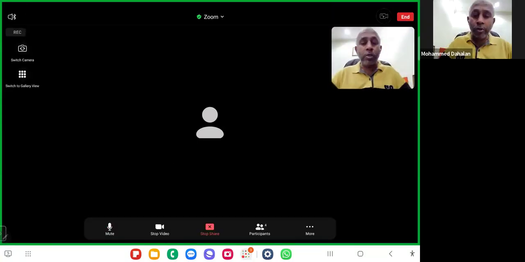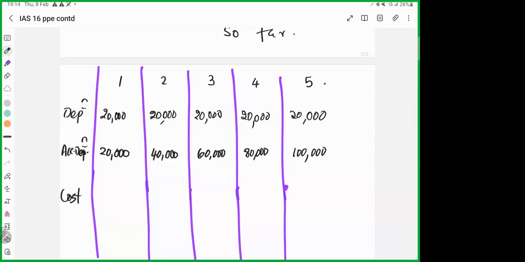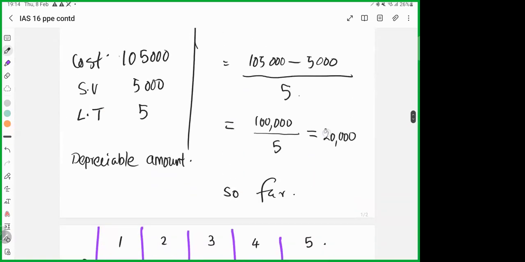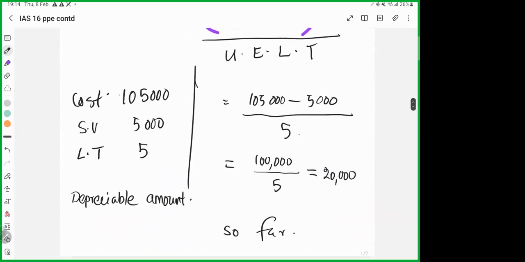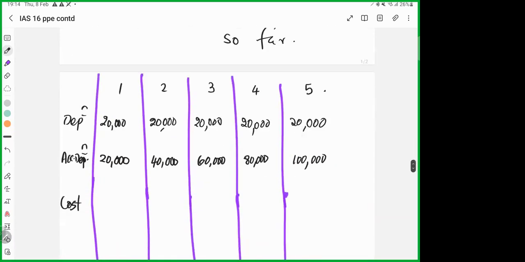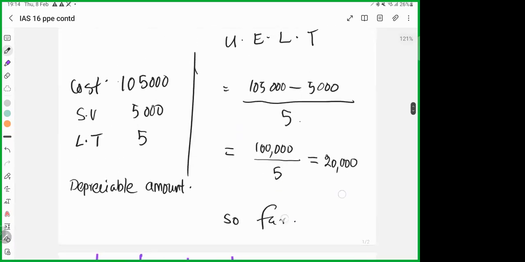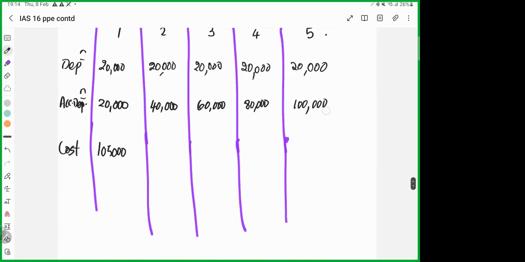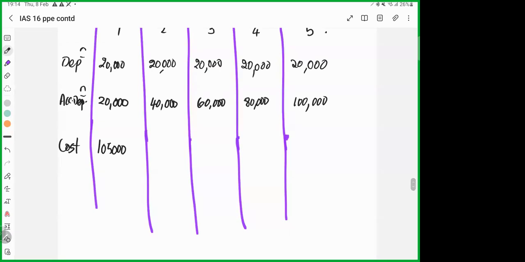So, what is the cost, do you think? My question is very simple. Cost. In year one, your cost is how much? 105,000. Will that change in year 2, 3, and 4, or will it be the same?